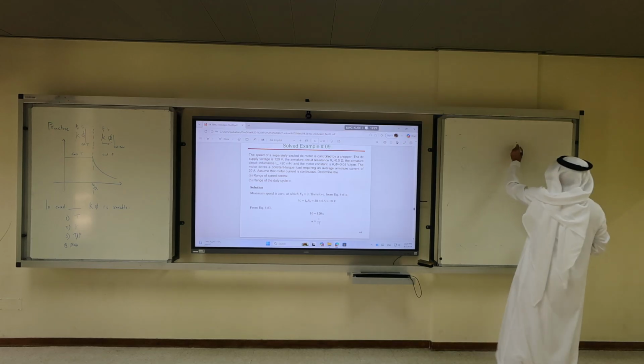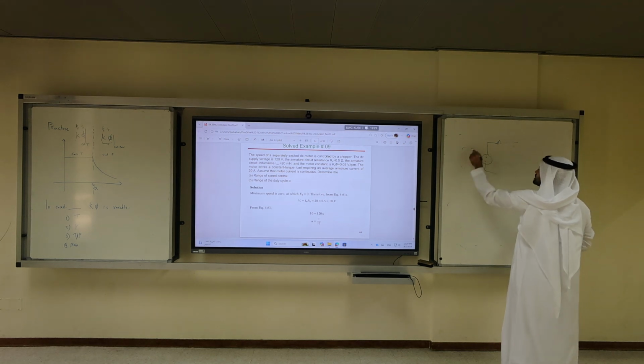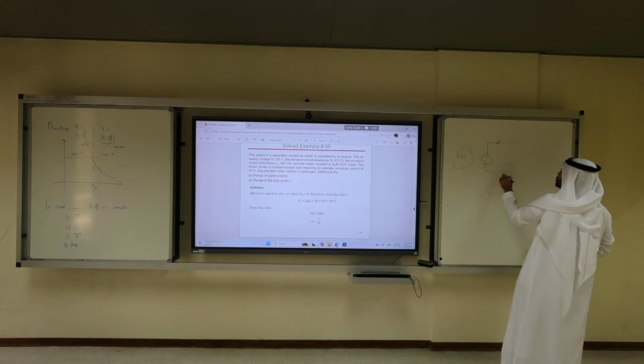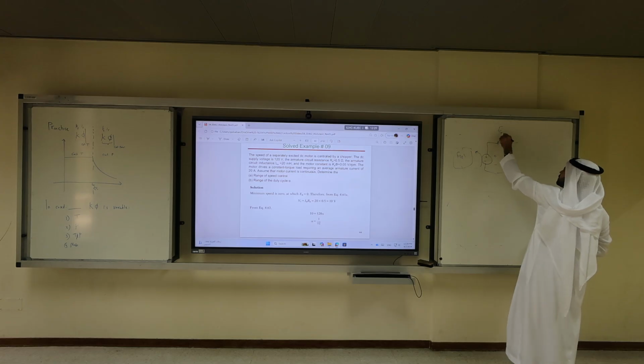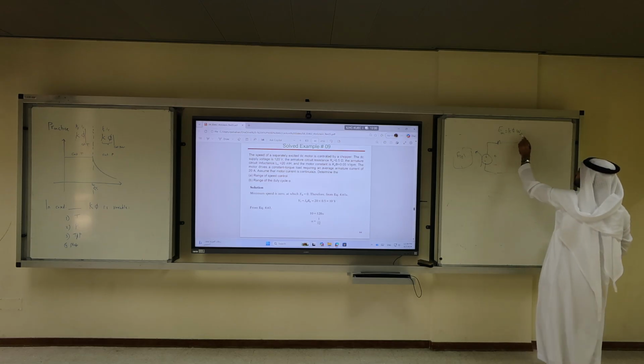So the separately excited means the field here. At no load, the motor will spin, but we all know EA is what? K flux times omega at no load, omega n.